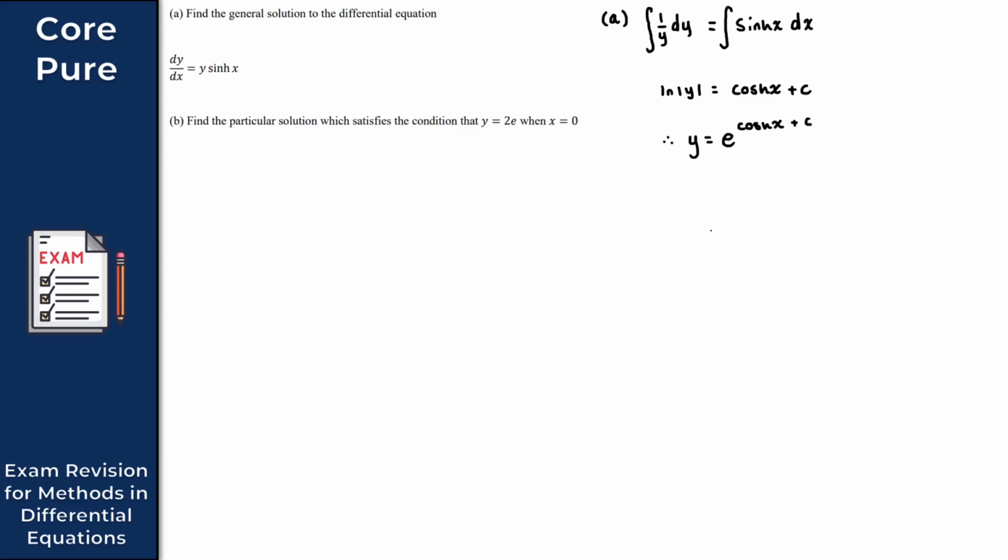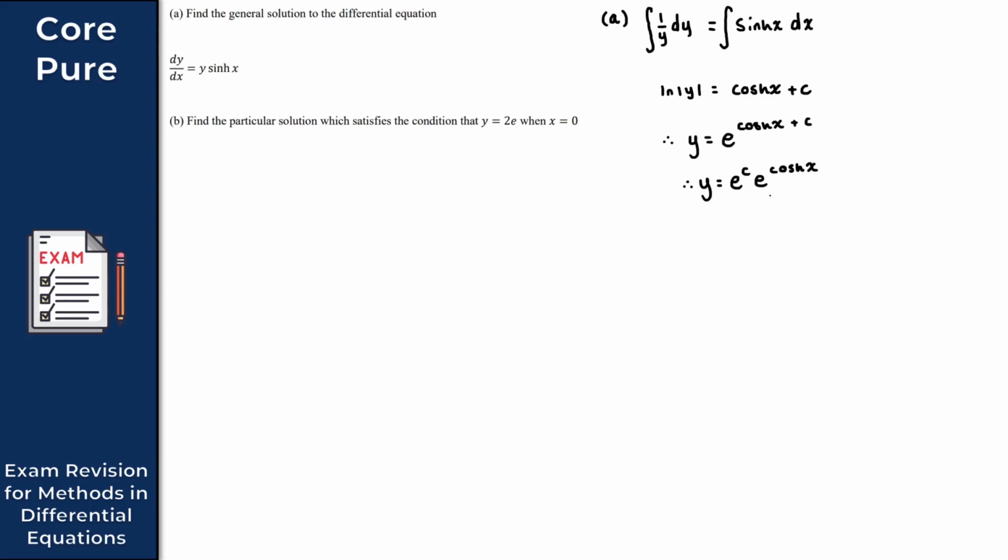At this point we could say that this is our general solution, or alternatively we can rewrite it ever so slightly. y is equal to e to the power of cos x plus c, which is the same as e to the c times e to the cos x, and e to the c is just a constant.